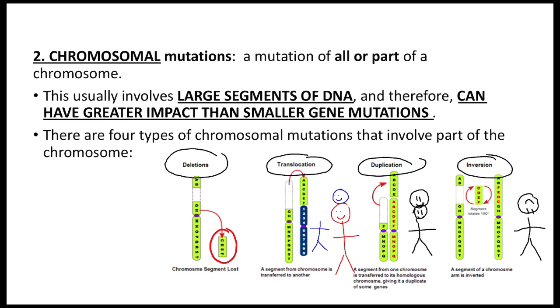Okay, in a duplication, a segment from one chromosome is transferred to its homologous chromosome pair, which gives duplicates of some genes. So we have all the letters working with homologous chromosomes here, so remember that. But we have 2 copies of gene A, 2 copies of gene B, 2 copies of gene C, 2 copies of D, and E. So that's what's shown in kind of that circled part.